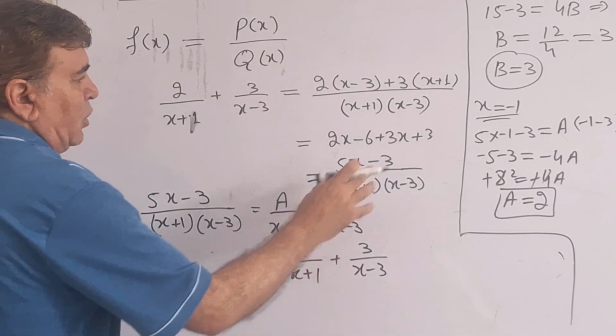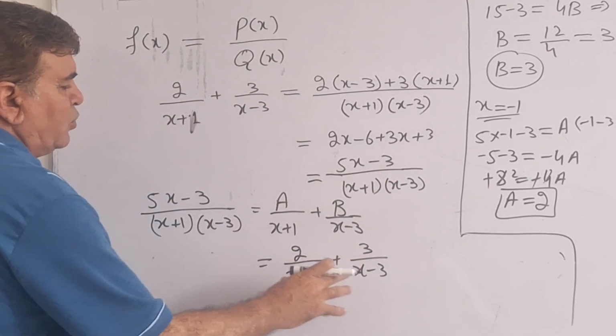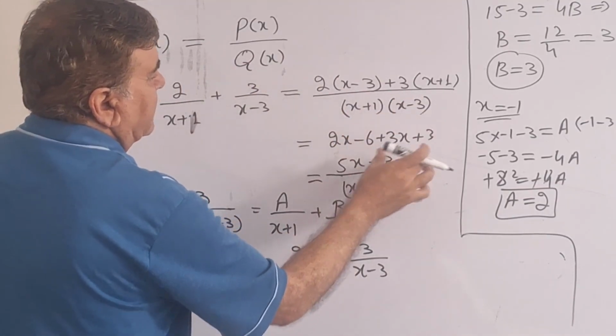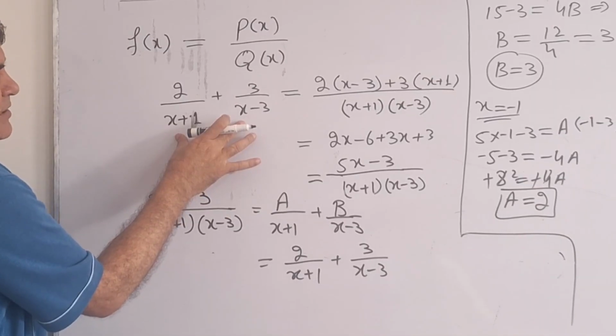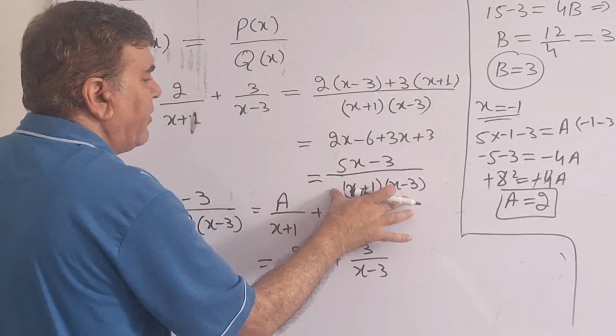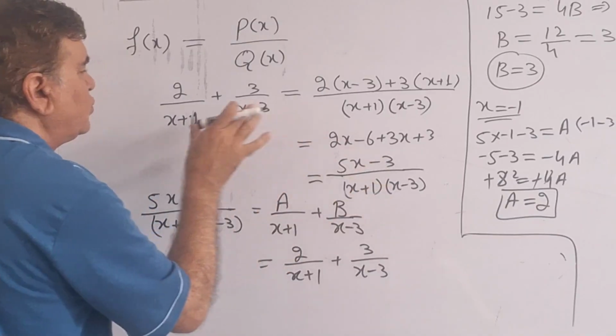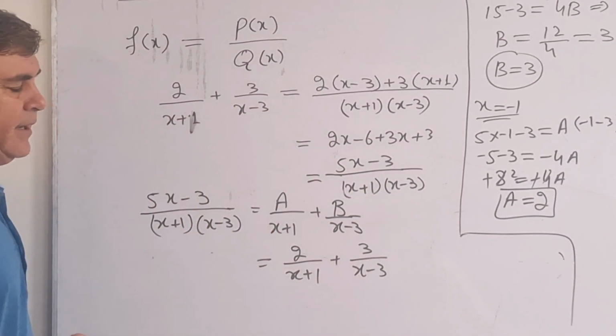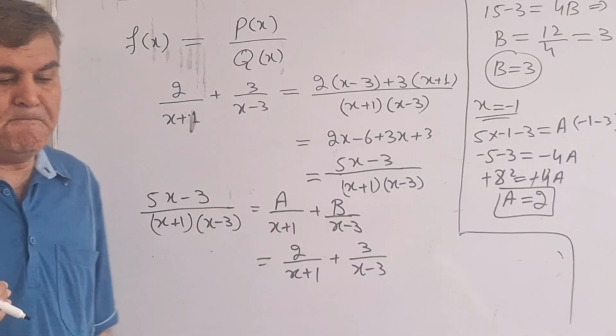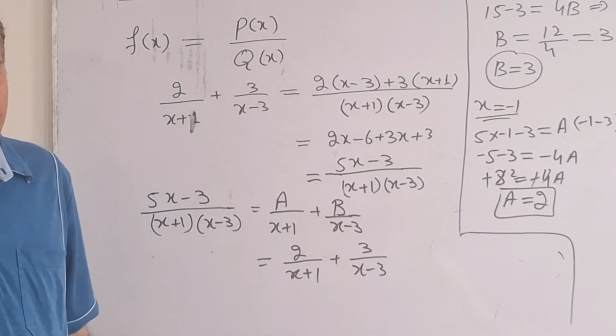So with the method of partial fractions, we are able to convert this back to where we started. We have converted a rational function of a single term into fractions of two terms. This method is called the method of partial fractions.